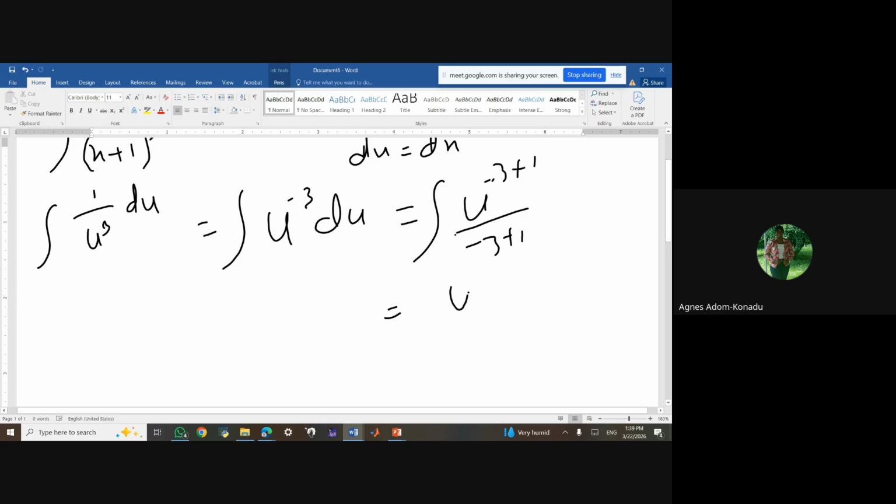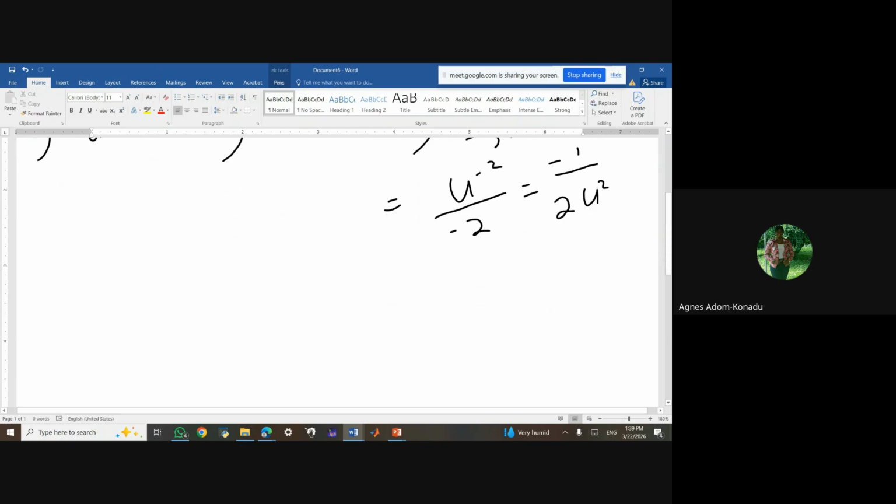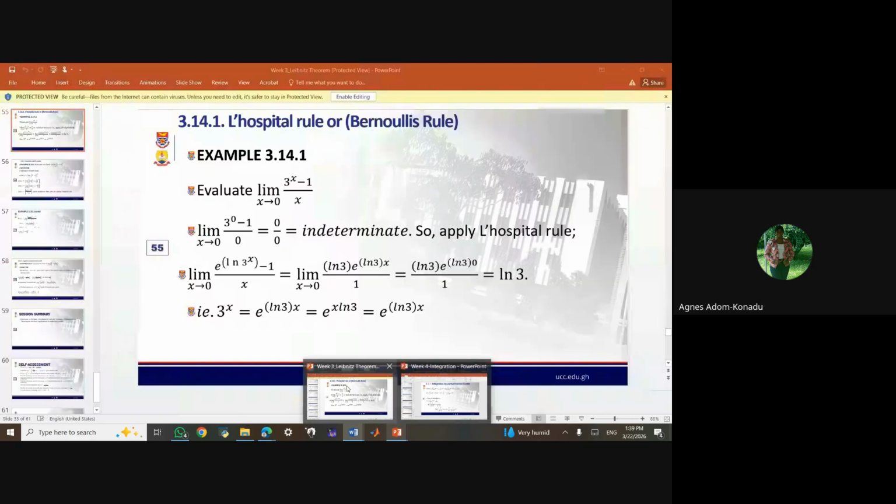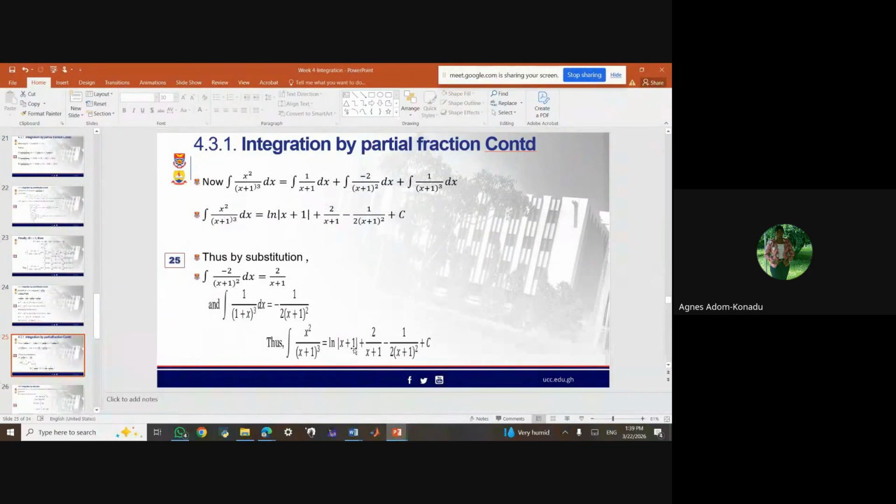So this is u to the power minus 2 over minus 2, which is the same as negative 1 over 2u squared. And my u is x plus 1, so minus 1 over 2 into bracket (x plus 1) squared. So you put everything together and then you get this. Okay?